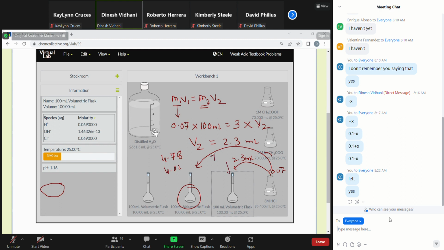Here pH went from 7.00 to 1.16. Look at the drastic change. That's why we call this a buffer solution. Does it make sense, guys? All of you on the same page?